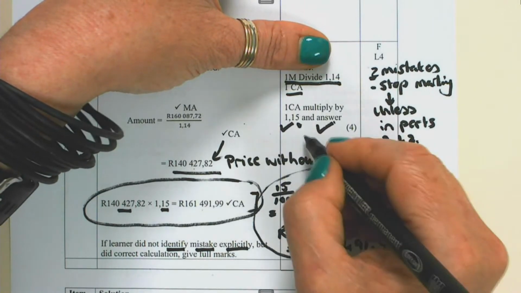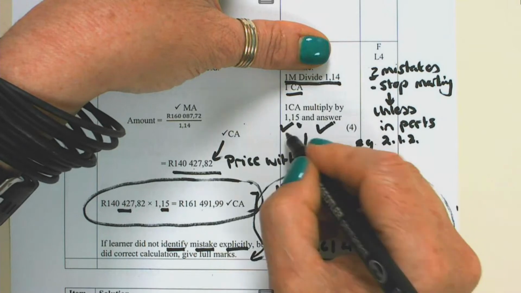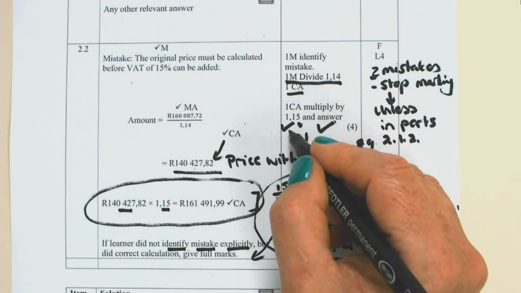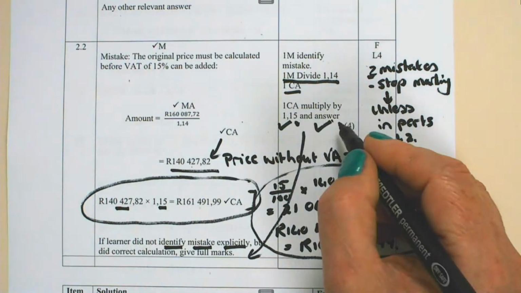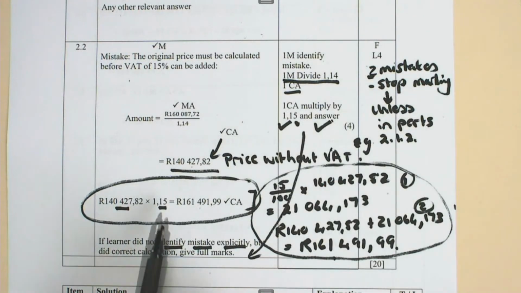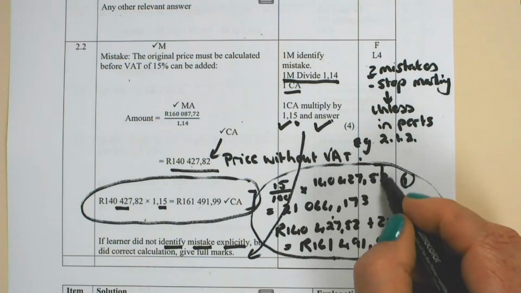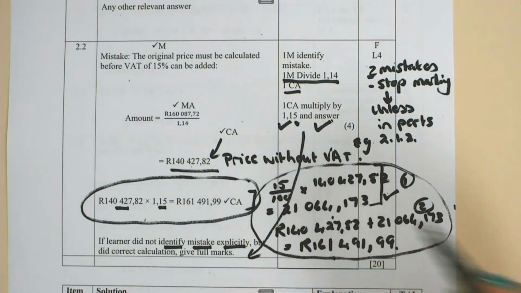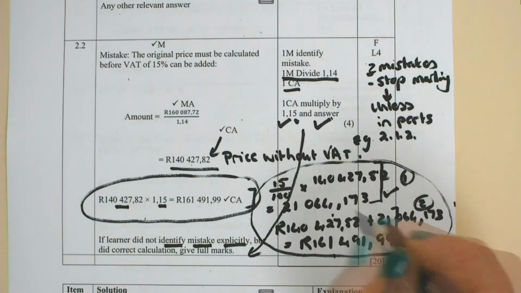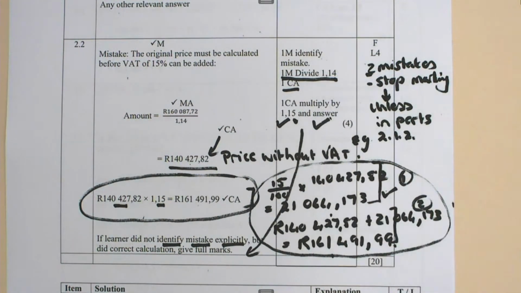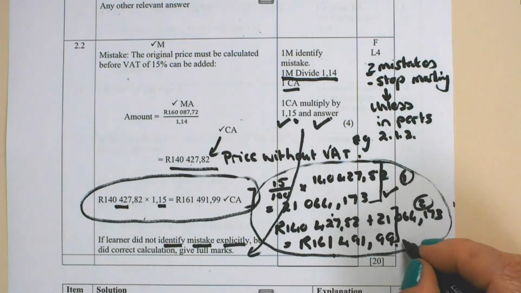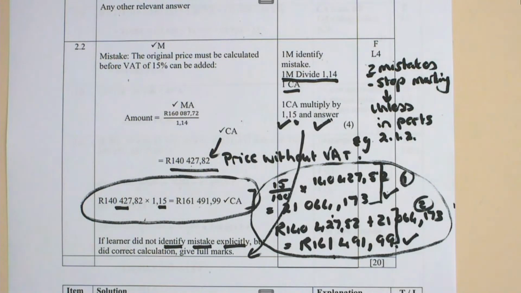So in this case, you can give 2 marks here, 1 for multiply by 1,15 and 1 for the answer. If they did not follow this method but followed this other method, then you can give 1 mark for getting the VAT at a rate of 15%, and then 1 mark for adding and getting the final answer.